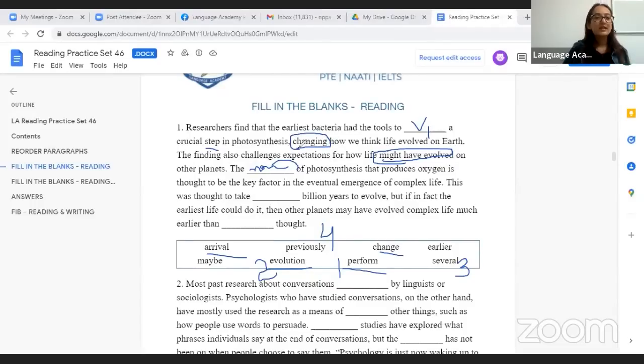So try to understand the writing style. Like this is the same thing that we keep on discussing. When a sentence is complete and then in place of full stop, they put a comma and then they give the first word as blank, then you always go with ing form. So these things you should be learning by reading as well, not only by applying.